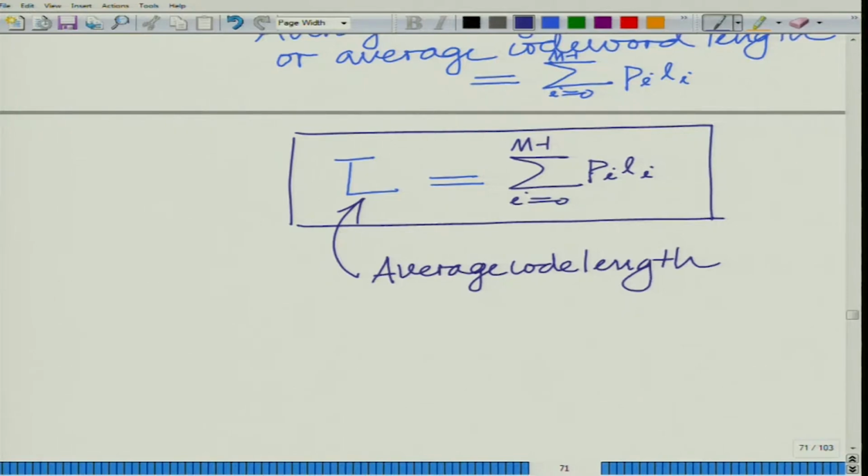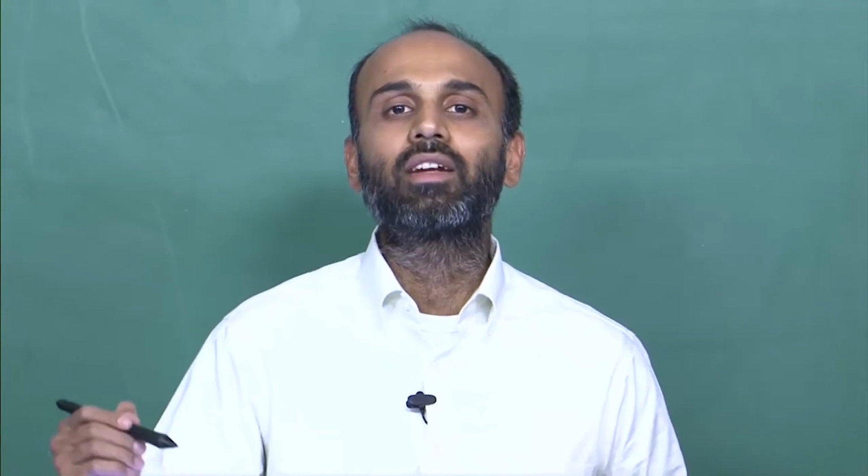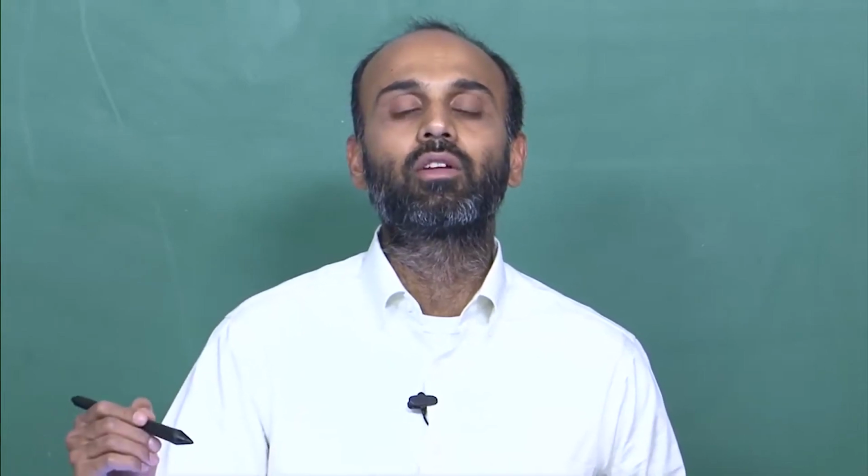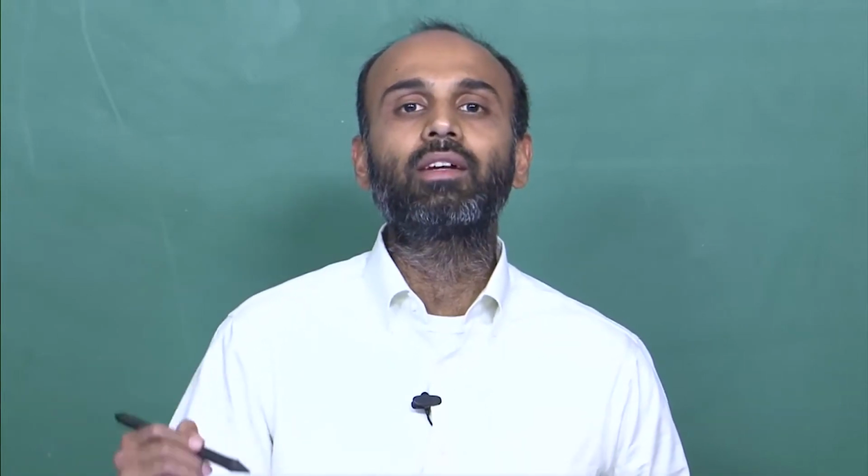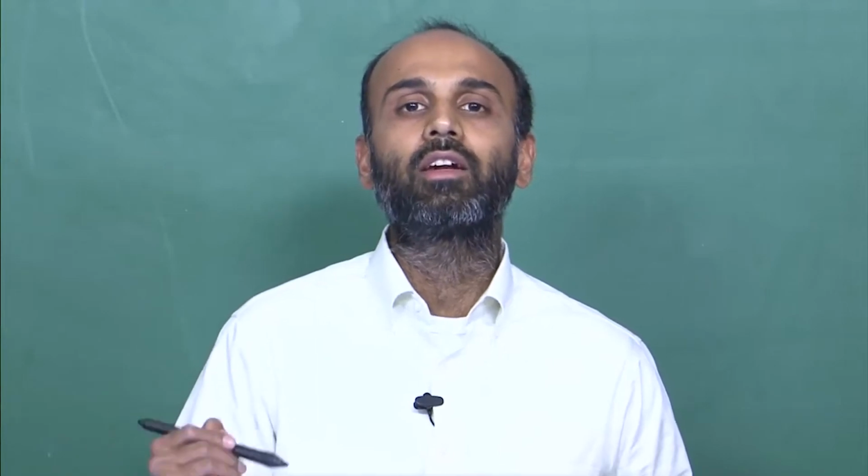And what we would like to do now is develop efficient codes which minimize this average code length, that is, the average number of bits required to represent any symbol generated by the source.